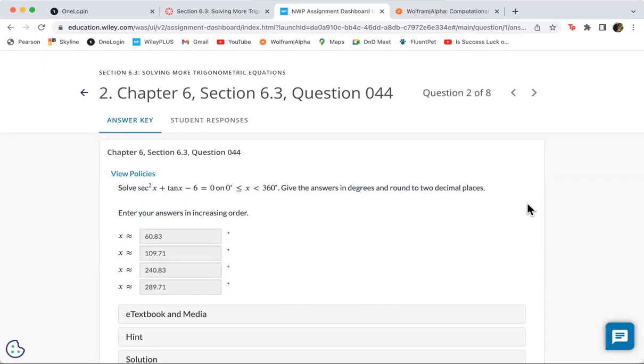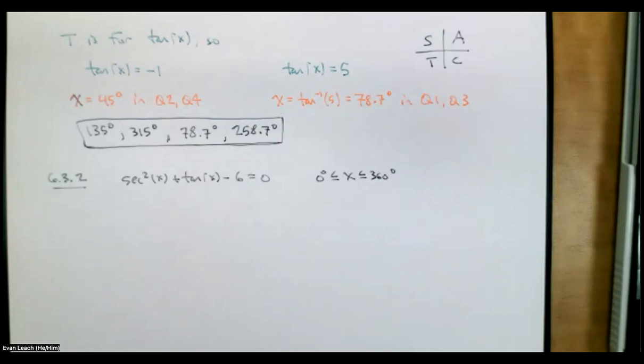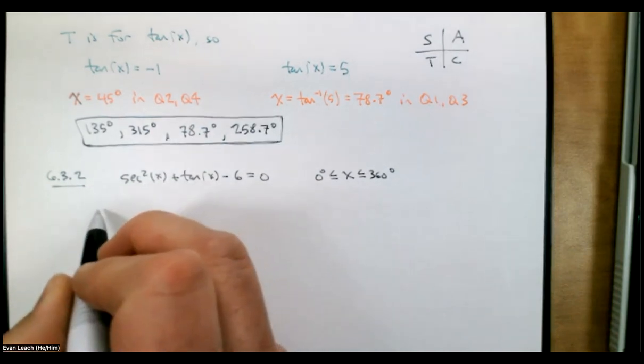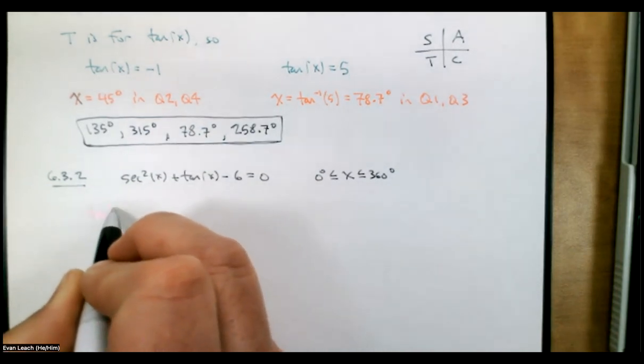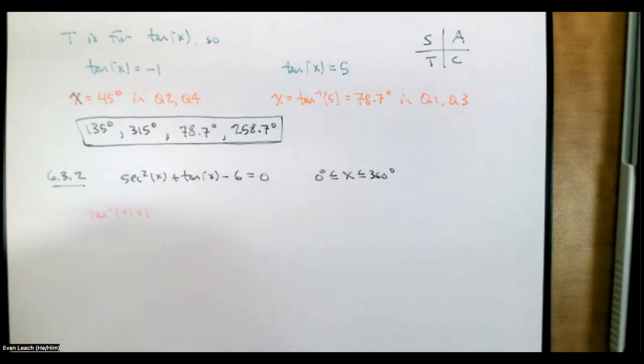Because we've got these squares and the regular trig functions, secant squared and tangent, we know that secant and tangent are related. So I'm going to replace secant squared the same way I did last time. Secant squared is tangent squared plus 1.